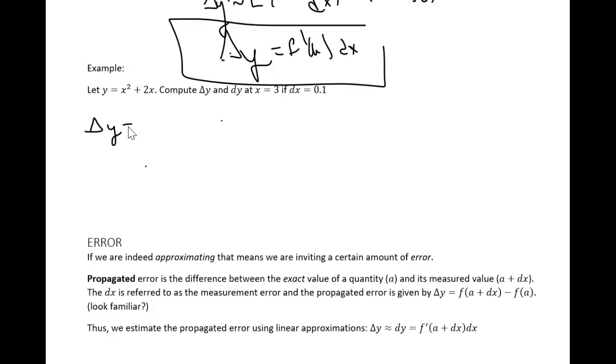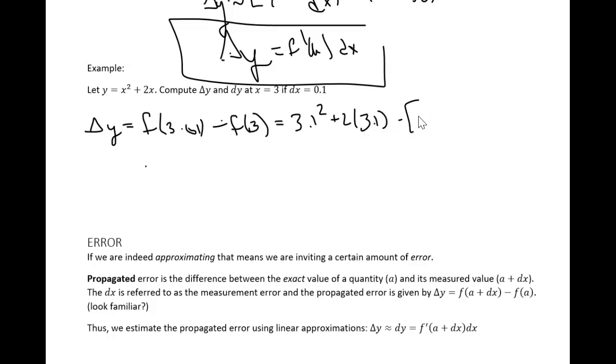So delta y is going to equal f of 3.1 minus f of 3, which in our case is going to be 3.1 squared plus 2 times 3.1 minus 3 squared plus 2 times 3.